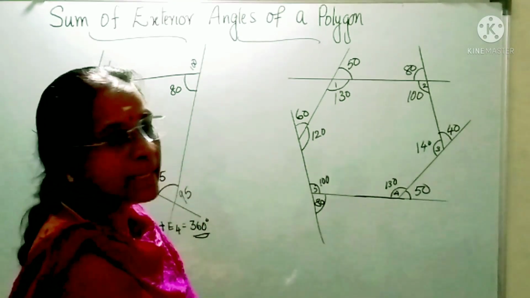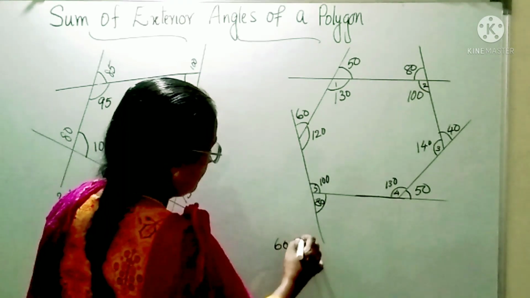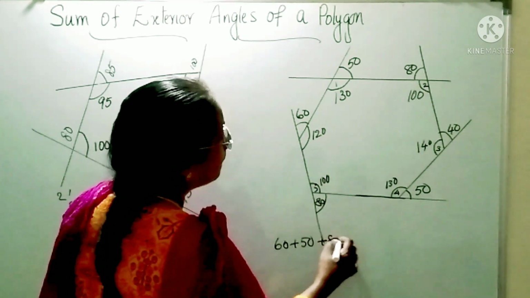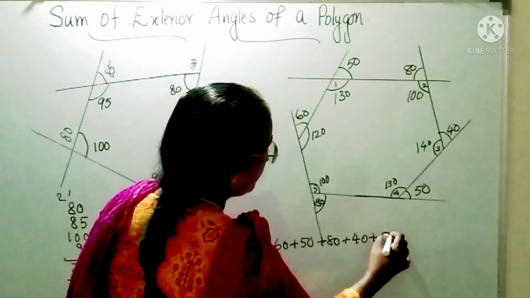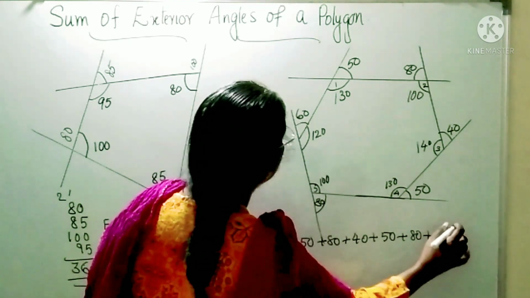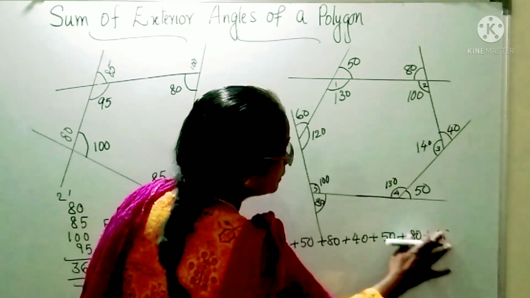Let us add all exterior angles. What do you get? 60 plus 50 plus 80 plus 40 plus 50 plus 80, six angles.